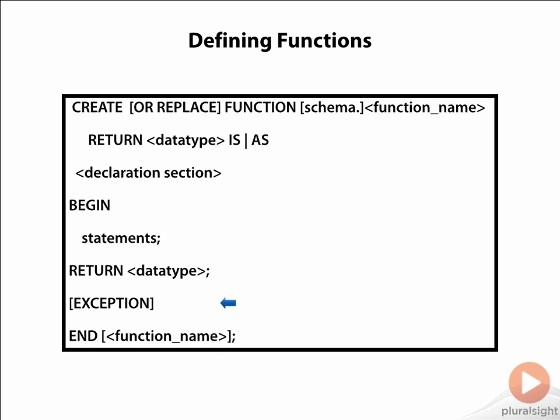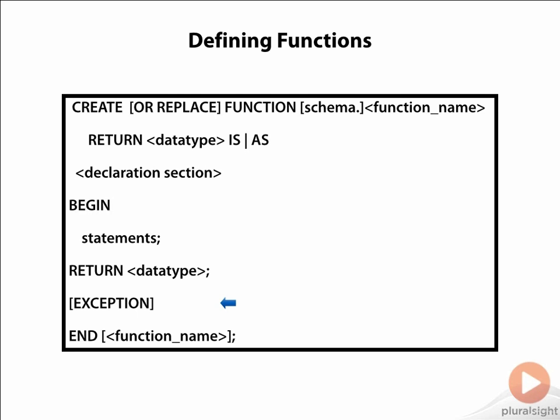Next is the optional exception section where you catch any exceptions. Notice that if you are handling the exceptions and not raising them further using the raise keyword, then you need to return an appropriate value from the exception handler too. If you miss doing that, the function will still get compiled with no errors, and there would be no problem if the function completes normally and returns back a value.